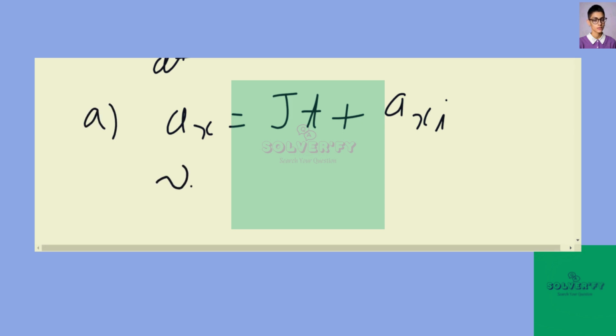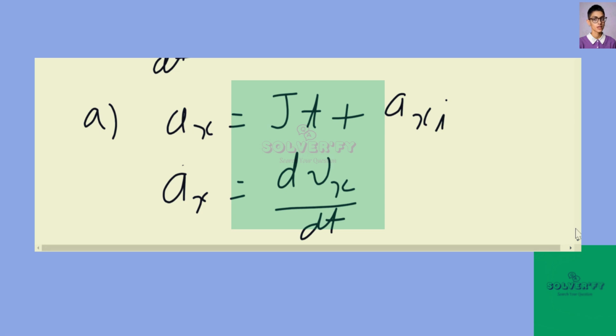The velocity is equal to the derivative of the acceleration. No, sorry, my apologies. The acceleration, remember that it is the derivative of the velocity as a function of time.